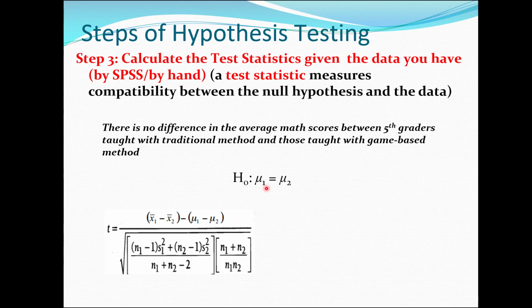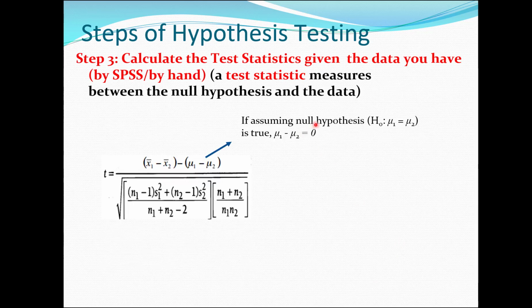And if mu1 equals mu2, mu1 minus mu2 equals 0. Again, if we assume null hypothesis is true, that means mu1 minus mu2 equals 0. With this number here being 0, and with all other numbers in this formula known, based on our data collected from the samples, we will be able to calculate our t-test statistics.